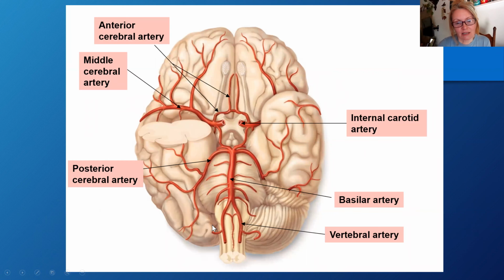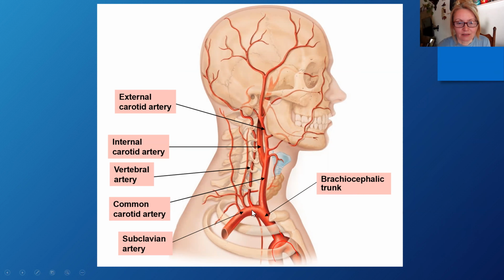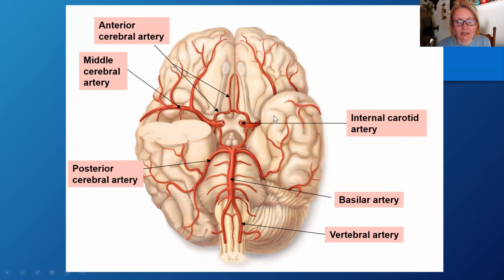Now here you can see vertebral arteries, right, coming from that subclavian artery over here. And here's our internal carotid artery, right there and right here. I don't know if you see or not. And the vertebral arteries form this basilar artery.